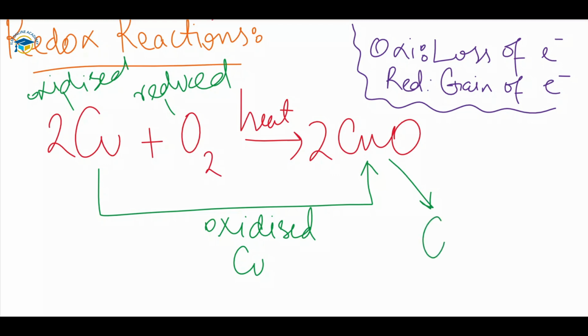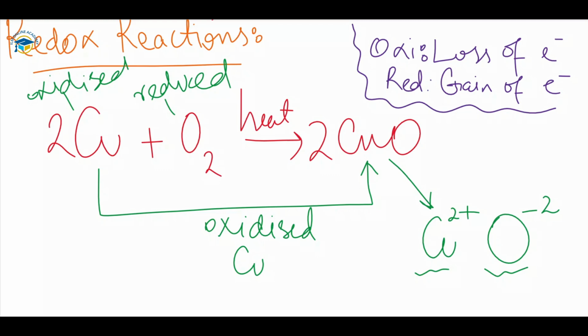In this ionic compound we have copper ions Cu2+ and oxide ions O2-, and the oxygen molecules in the gas have split and become oxide ions in this copper oxide.